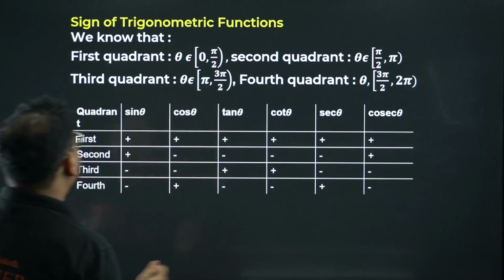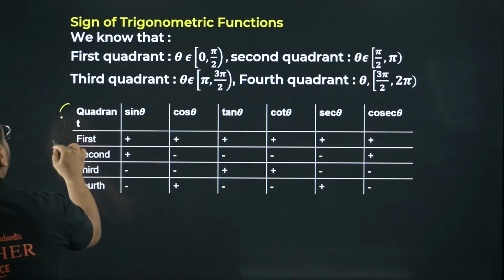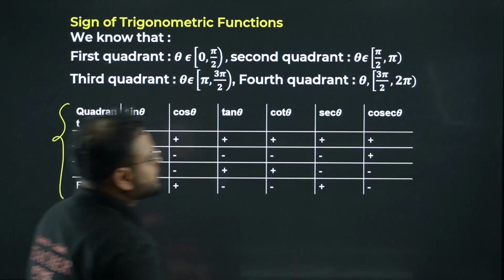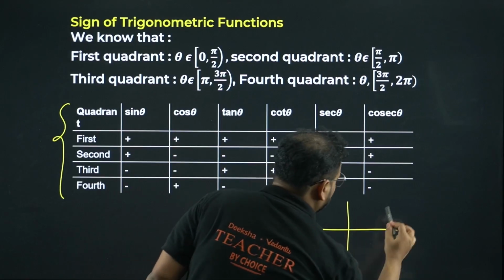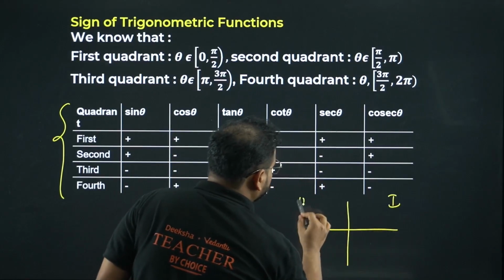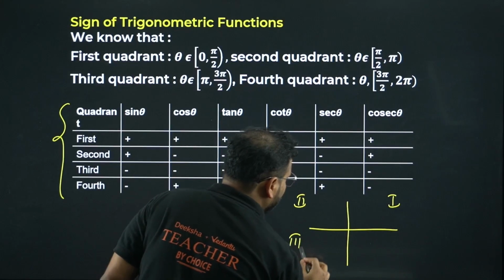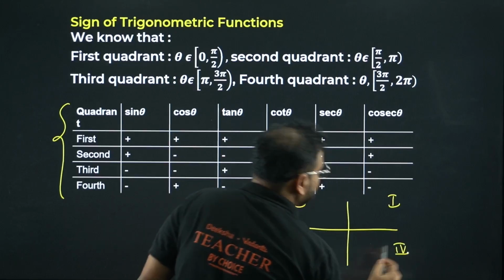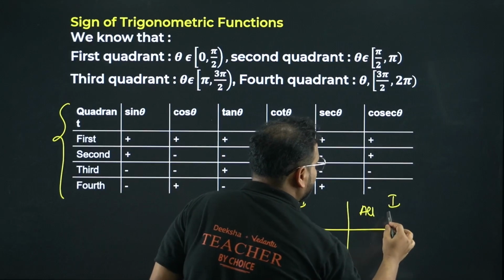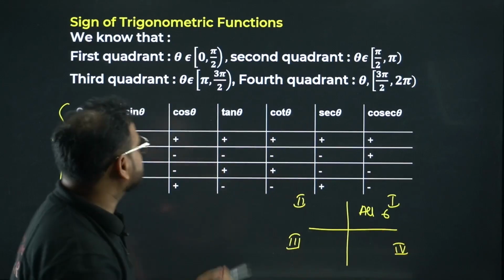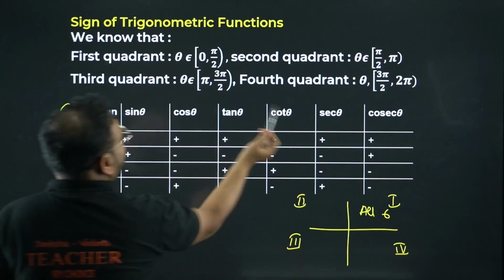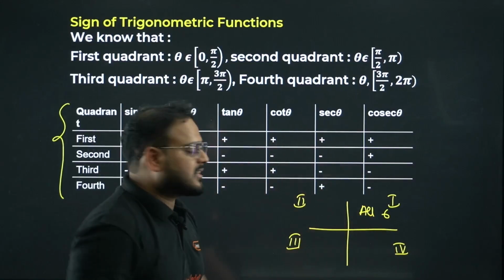Now sign convention also plays a very important role. Which quadrant has what positive? There are a total of 6 ratios: sin, cos, tan, cot, sec, cosec. In the first quadrant, all 6 are positive.